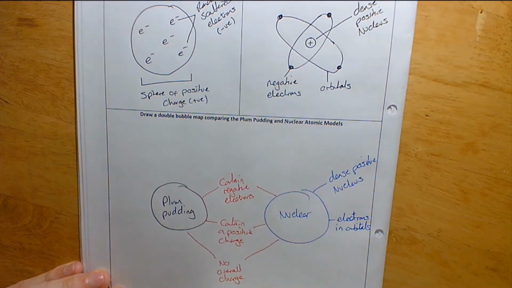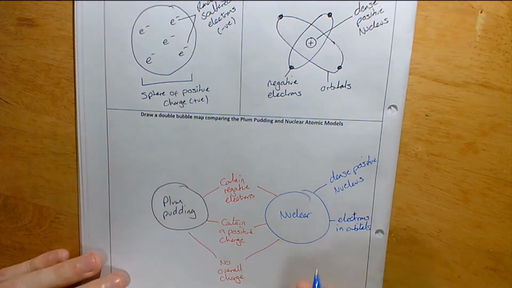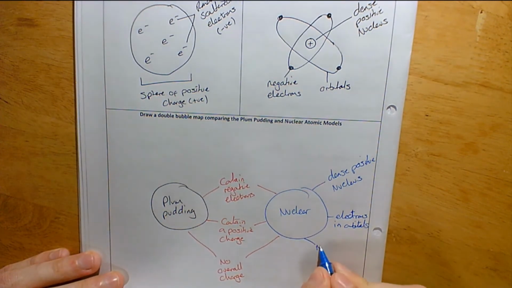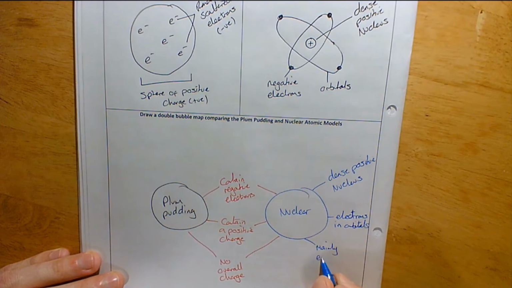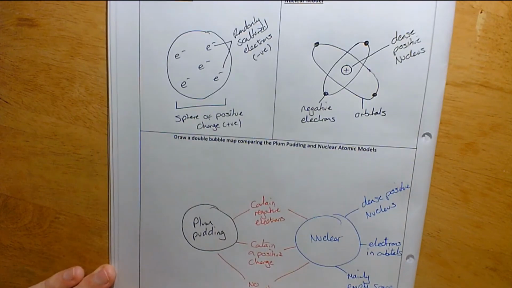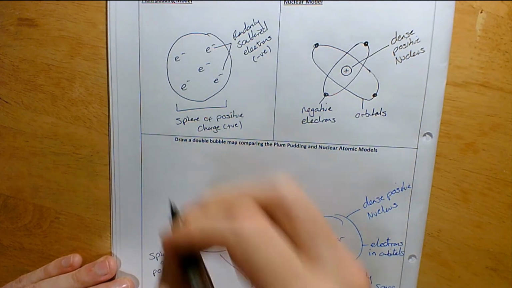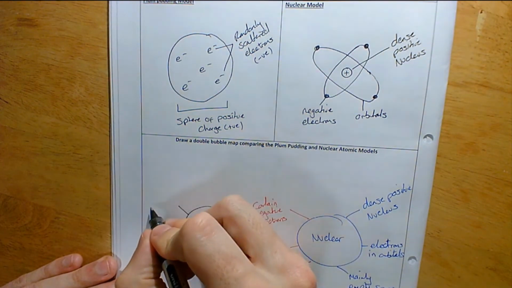And remember, the other discovery was that the nuclear model was mainly empty space because the vast majority of those alpha particles just went straight through. So it is mainly empty space. So what's unique about the Plum pudding model? Well, it has a sphere of positive charge, which the nuclear model does not, and its electrons are randomly scattered.